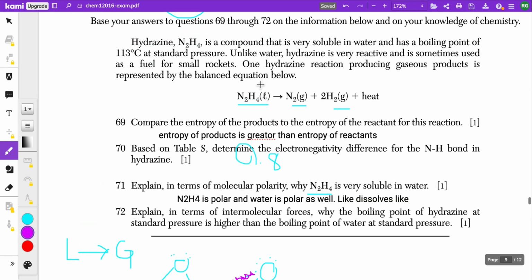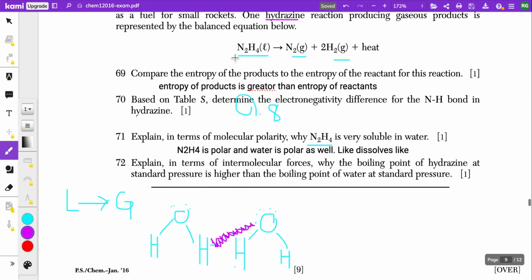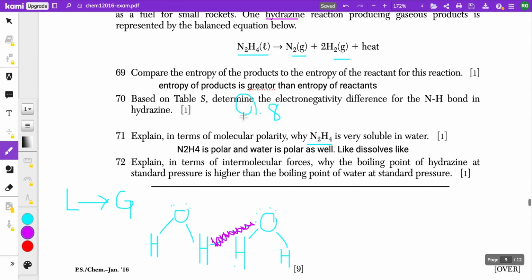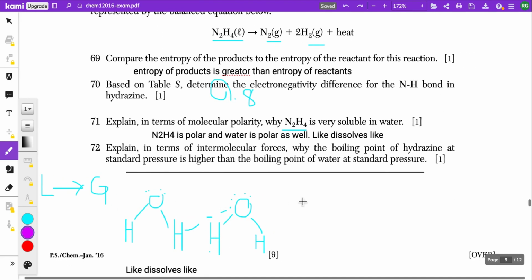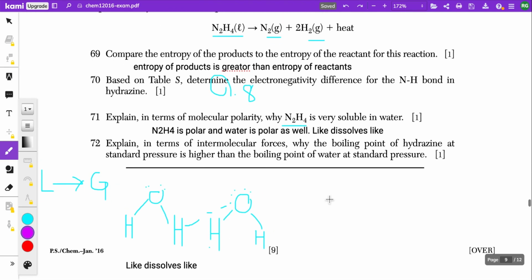However, N2H4, hydrazine, has stronger intermolecular forces than water. Therefore, if you have a molecule of N2H4, it looks something like this. I'm not going to draw the lone pairs because I'm lazy.